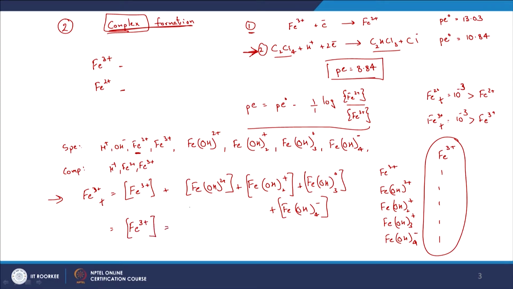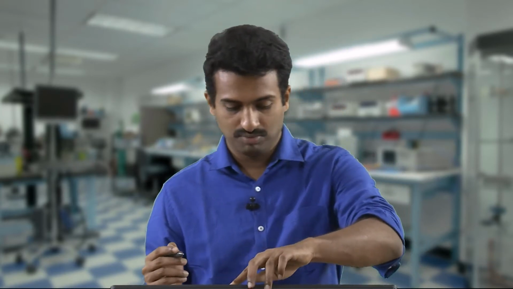I can express this in terms of the beta values again. How do I write the relevant equations here? We need to look at the relevant complex formation equations. I believe we looked at beta star values, wherein we look at one step and the protonated ligand. Let us have a look at one complex formation.